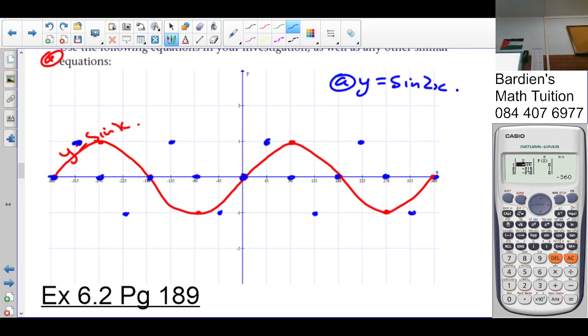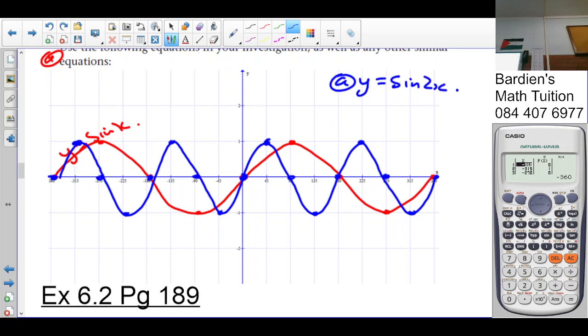Okay. So we do what we do best again, connect the dots. There we go. And this is the y is equal to sine 2x.